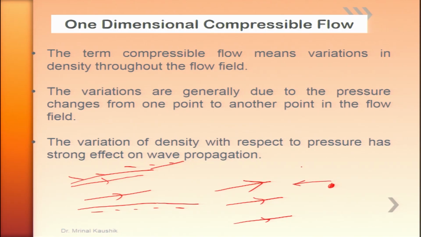This information, which is passed from here upstream with the speed of sound a, tells the upcoming fluid, upstream somewhere, that please make your adjustment now, since there is an obstacle or a sudden area change on the downstream side.